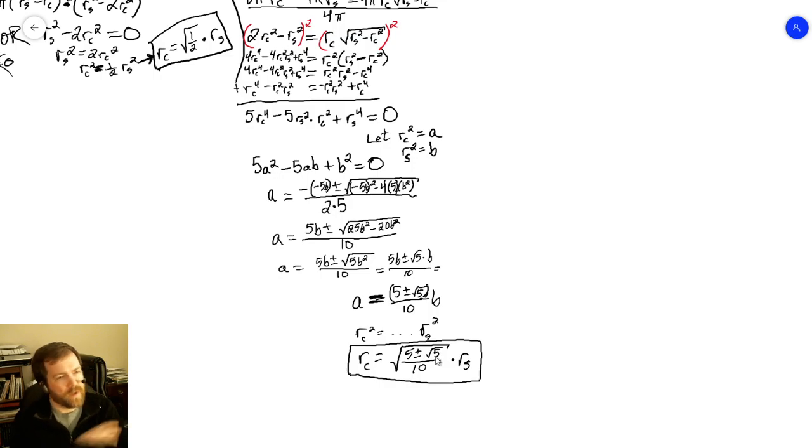I think the negative one is going to cause a problem. So this is going to be 5 plus root 5 divided by 10.